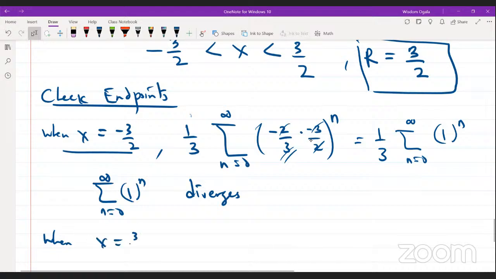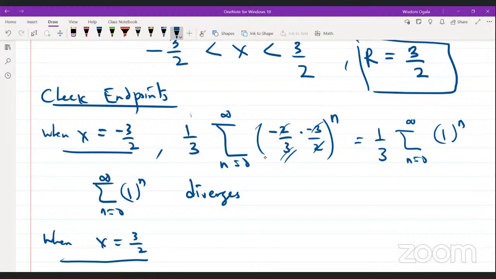When x is 3/2, in fact, this guy, if you raise one to a number, it gives you 1, right?